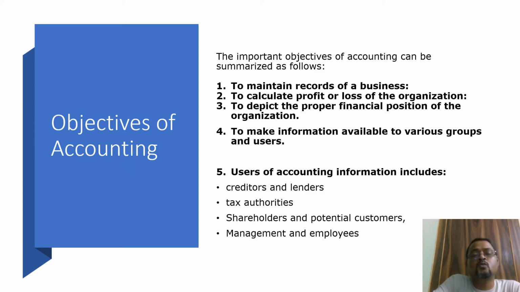So you need to know whether the statement of financial position is actually depicting a good business undertaking. What are the assets? What are the liabilities? What are the reserves? The profits of previous years, etc.